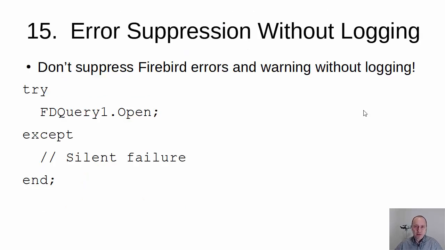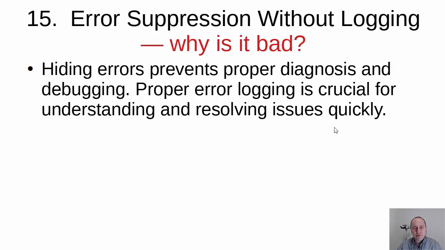Number 15, the final one. It is an anti-pattern for sure, and it is really annoying and really bad when you see something like this, when the application just hides the original Firebird error, and it makes the whole review horrible.